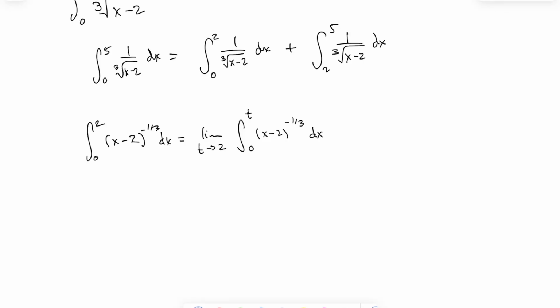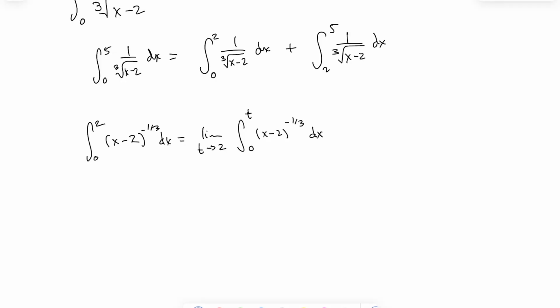Any suggestions on how we can do this integral? It's a little weird with the parentheses and all. Yes. Let's do the u substitution.